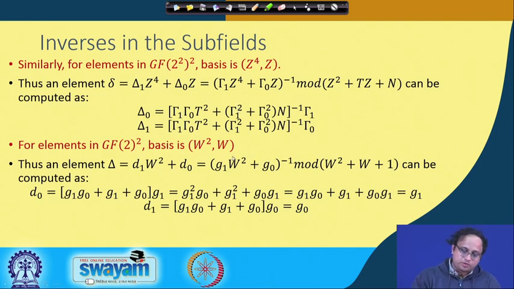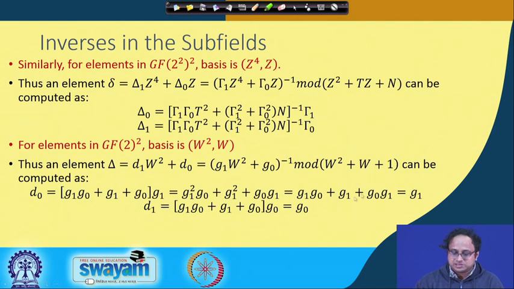So what I can do now is write this GF2 power of 2 as GF2 whole square. I can decompose this further, and my basis is now w square comma w, and therefore the inverse of g1 w squared plus g0 w is essentially nothing but d1 w square plus d0 w, with the polynomial taken modulo the irreducible polynomial w square plus w plus 1.